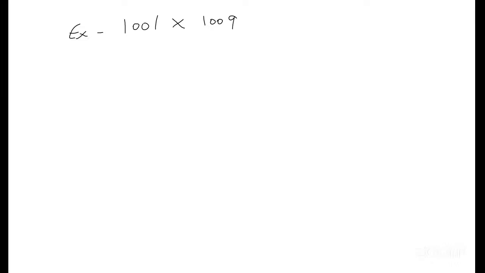So let's write the numbers and deviations. Numbers are 1001 and 1009. So 1000 is my base.